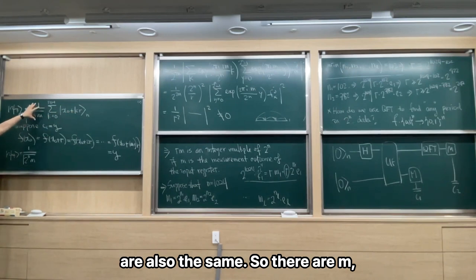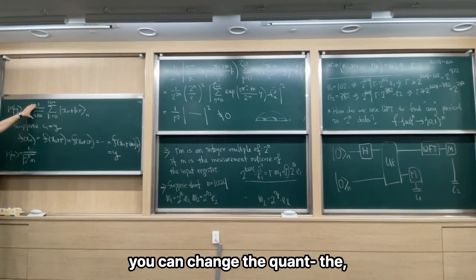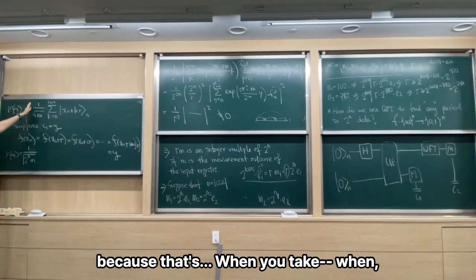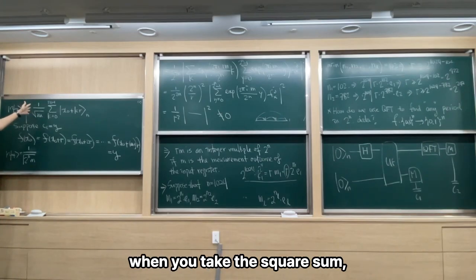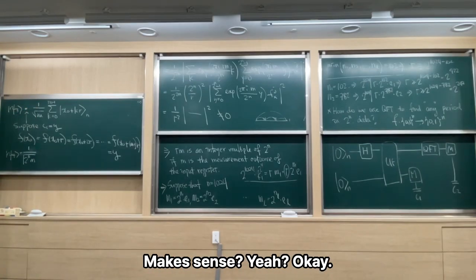So there are m of them, and there's no other way to choose the coefficient than 1 over square root of m, because when you take the square sum, it equals 1. Makes sense? Okay.